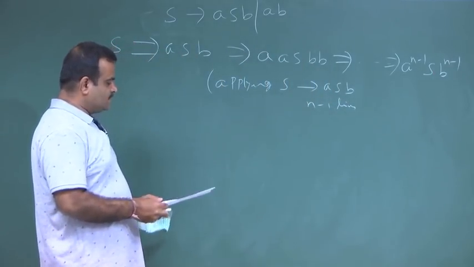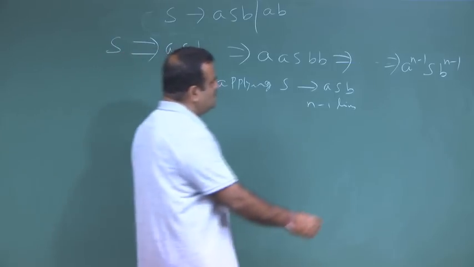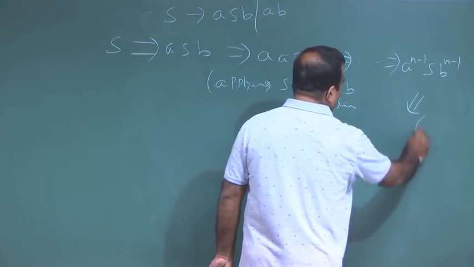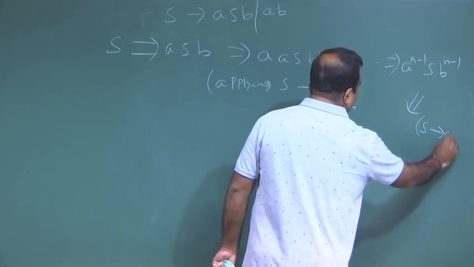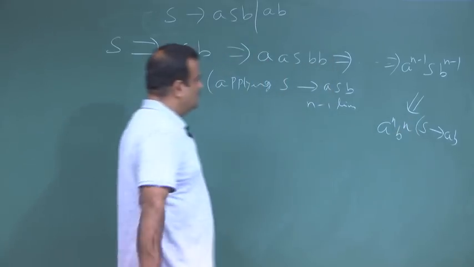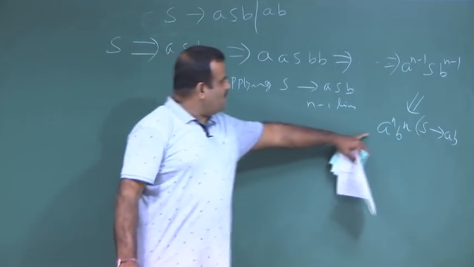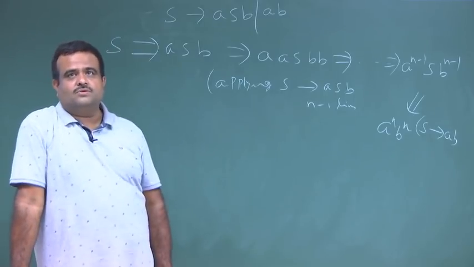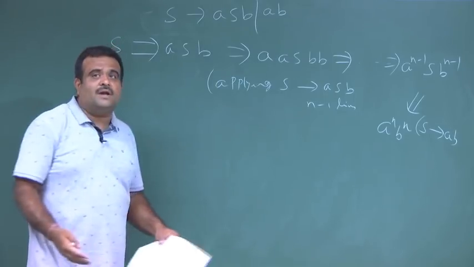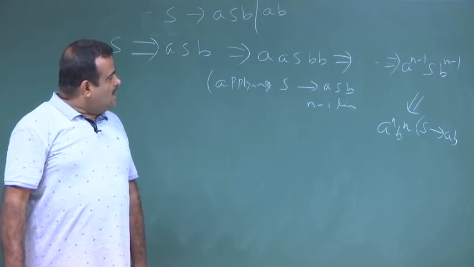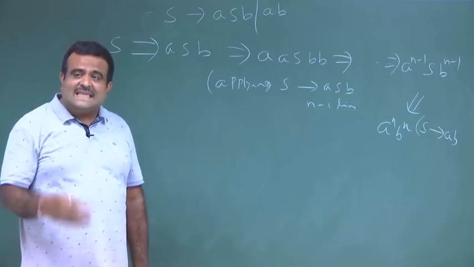Then after reaching this, we apply S goes to AB. If we do this, it gives us a to the power n, b to the power n. So a to the power n b to the power n is derived from S for any n.